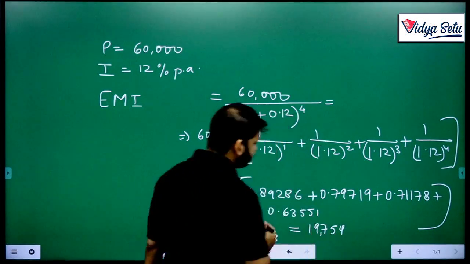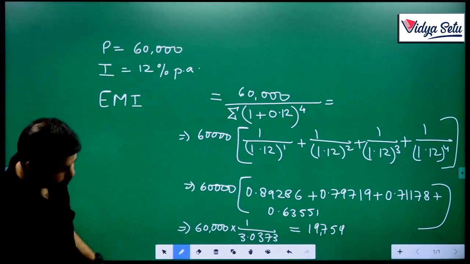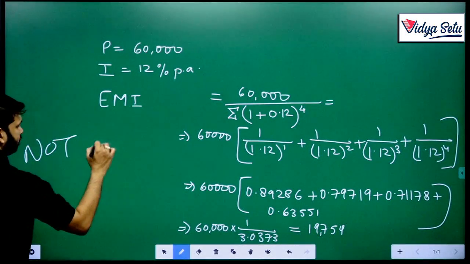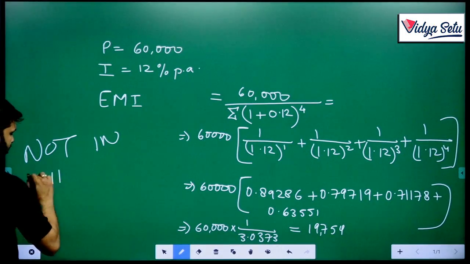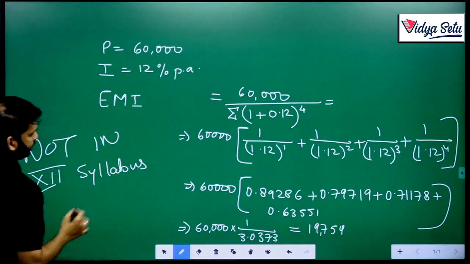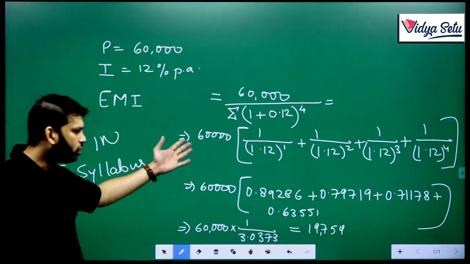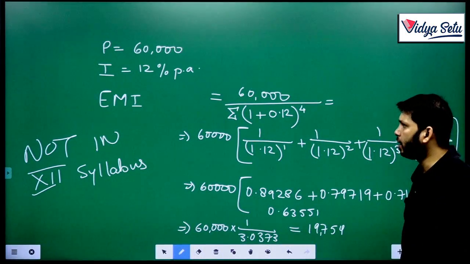So this is our equal EMI, and that's how you calculate EMI. But again, telling you, this is not in your 12th syllabus. Just if you wanted to know how to calculate EMI, that's how you calculate it.